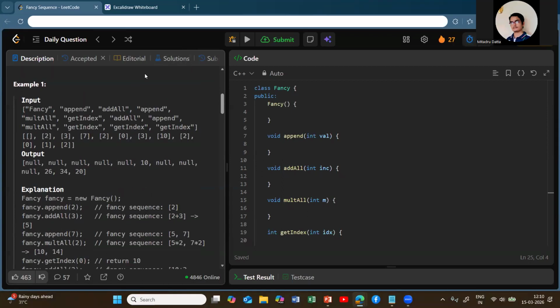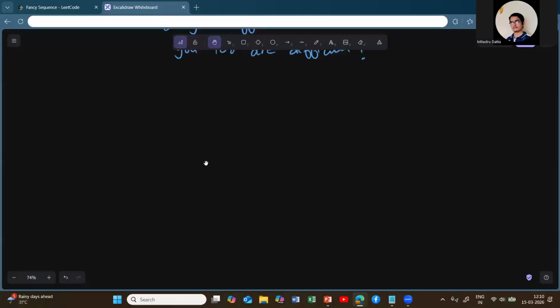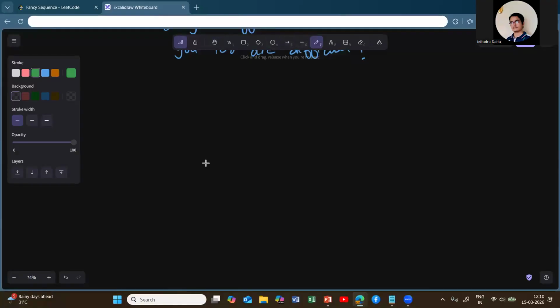Okay, so let's say you have this vector created. Whenever an append will come, so let's say append of 10 came, fancy dot append of 10, then you need to append this element to your vector.